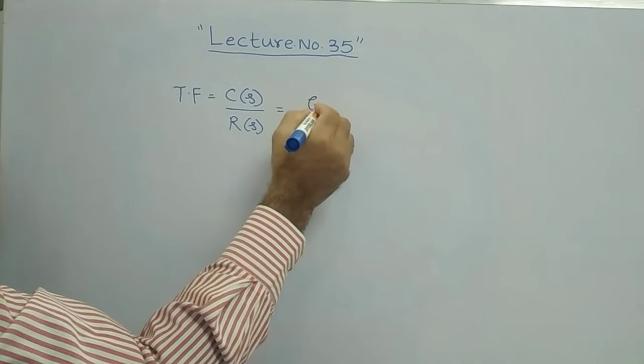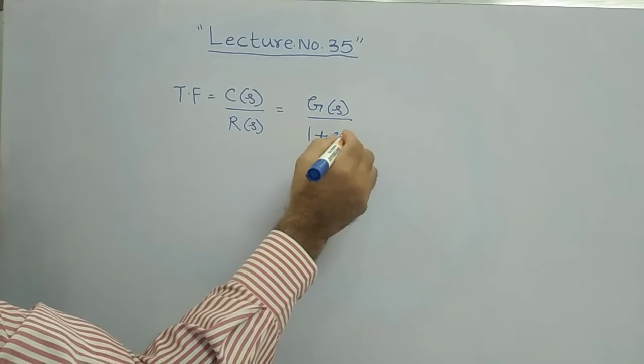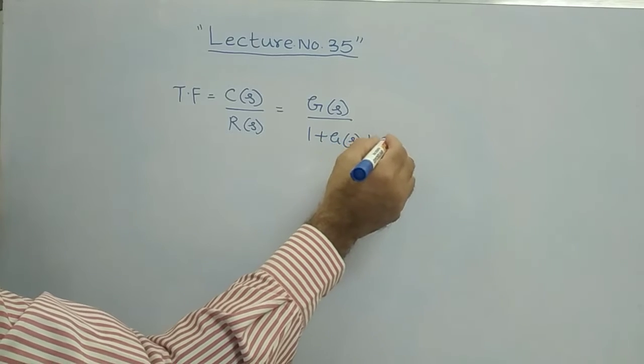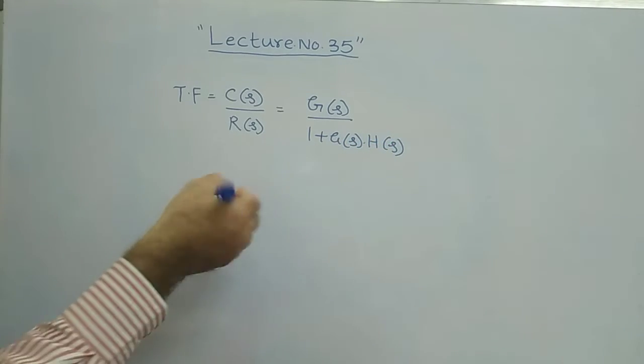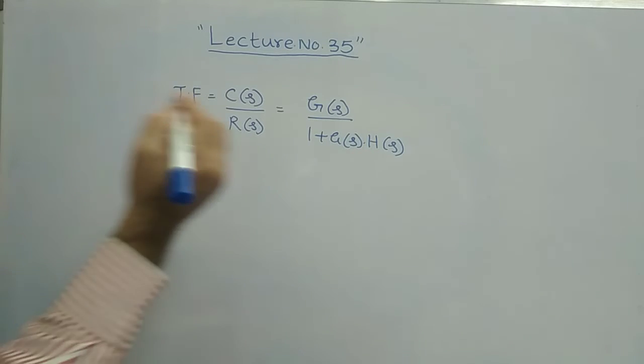For negative feedback, it is G of S by 1 plus G of S into H of S, and if it is positive feedback, simply G of S by 1 minus G of S into H of S you will get.